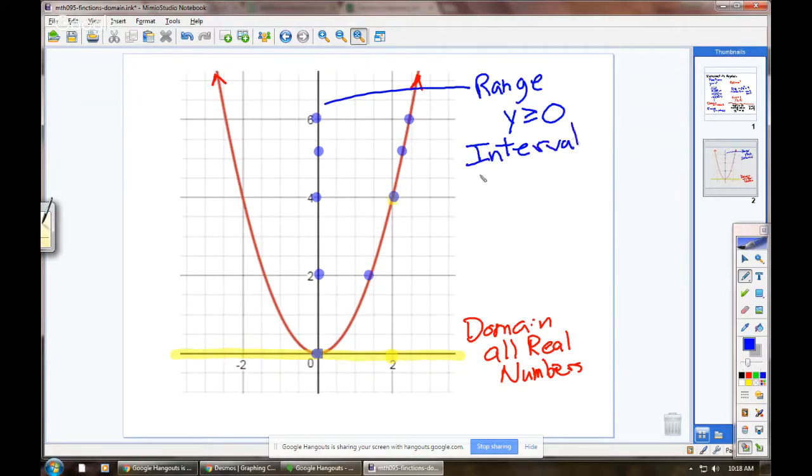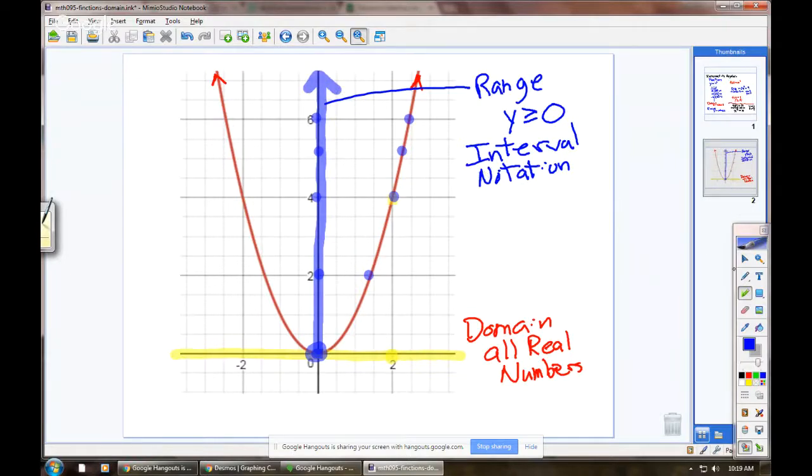So in this case, the interval notation, if you consider the number line here, I would start shading at 0 for the range, and then I would shade every number above that.